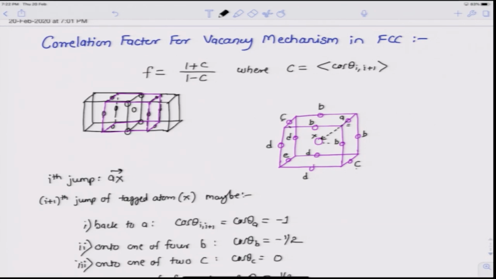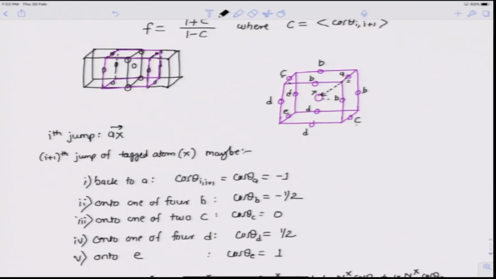So, now P_xB for example is the probability that the atom X on its (i+1)th jump exchanges with the same vacancy which had arrived at B. So, P_xB is nothing but the probability that the vacancy after n minus 1 jumps of its own has arrived at site B times the probability that on its nth jump the vacancy exchanges with X.